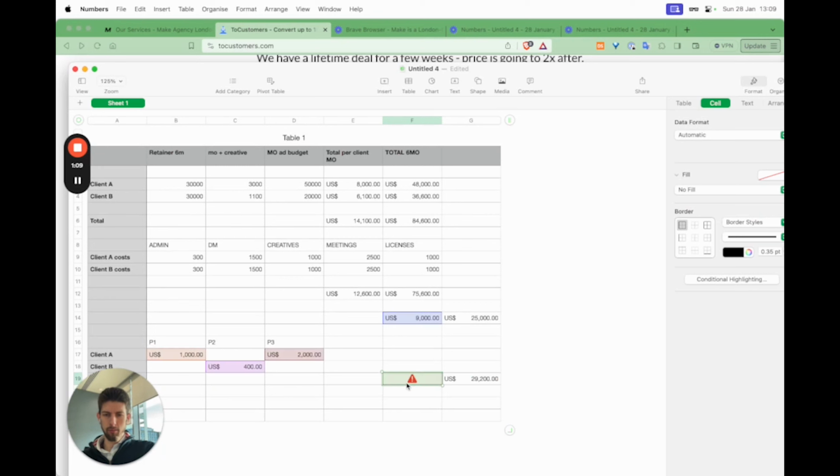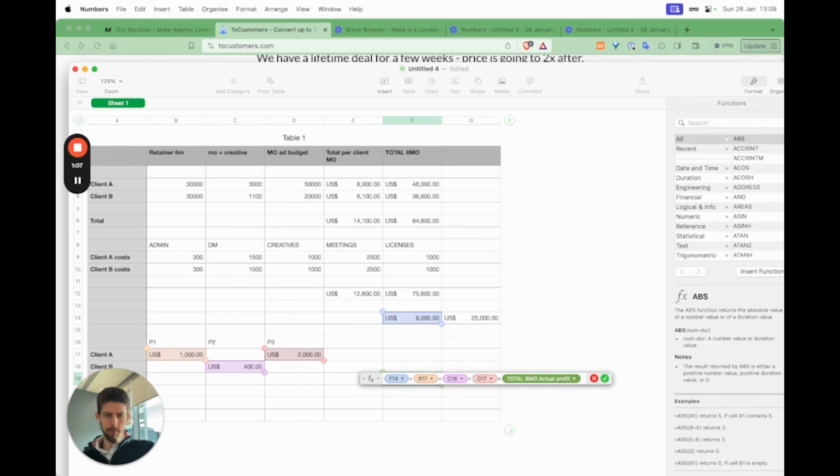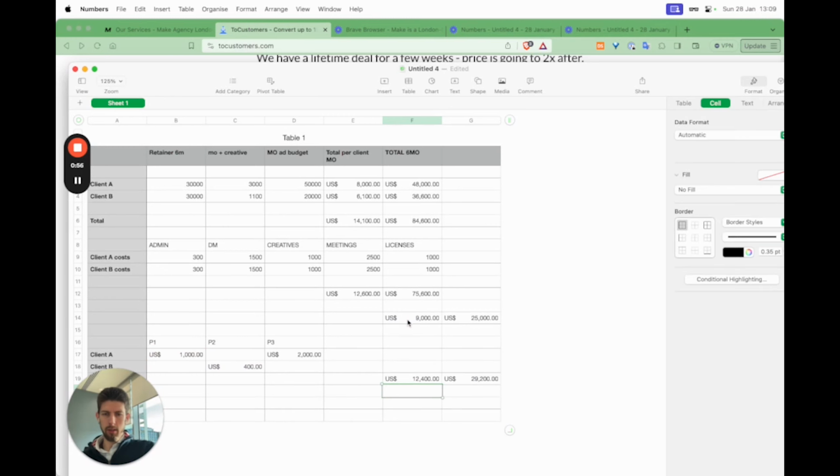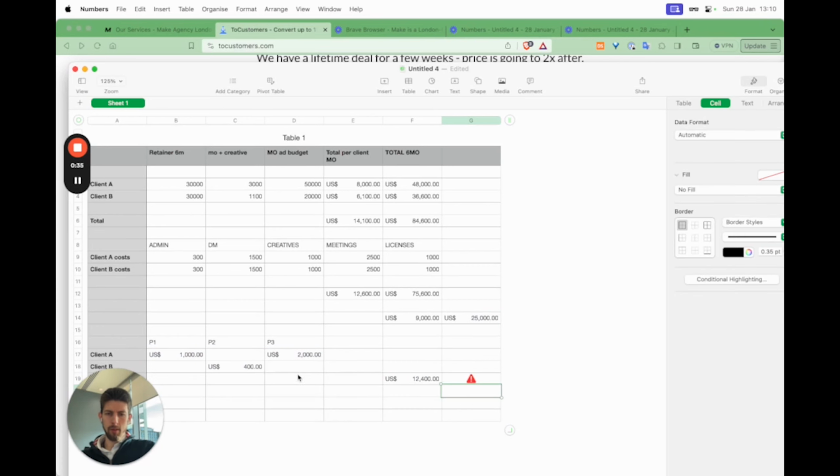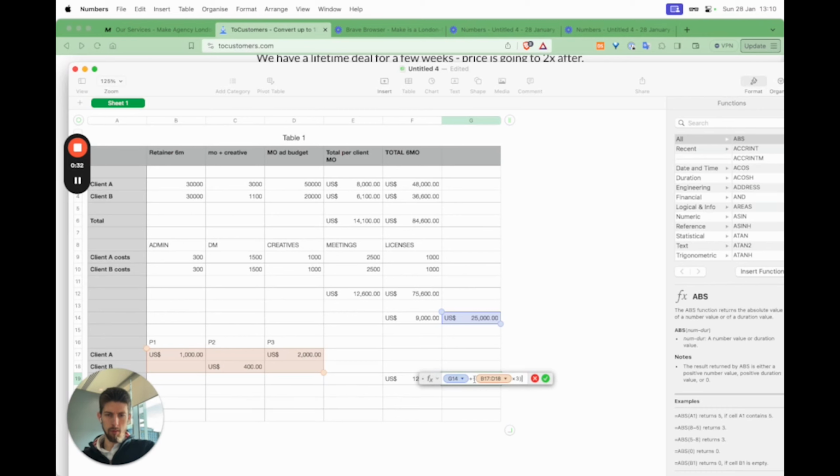Something like this, because now you could be doing the same thing and not try it again and then add this. Same, plus this. Let's do this times 3, because we charge this 3 times to this client.